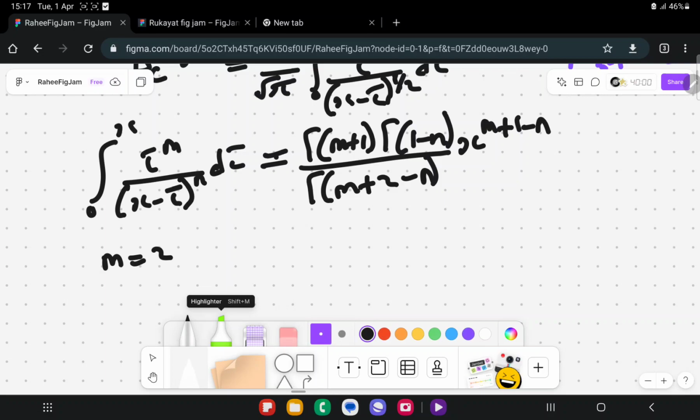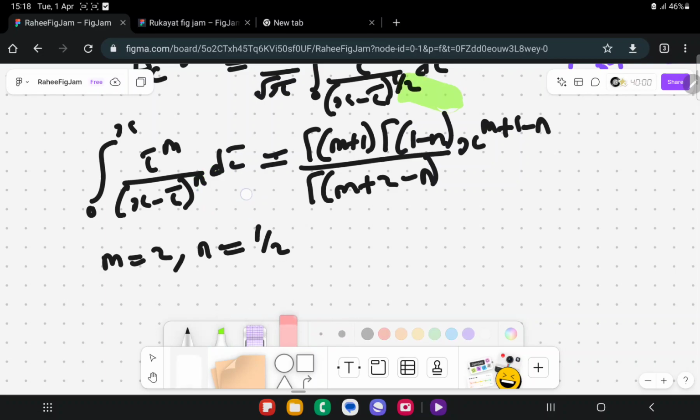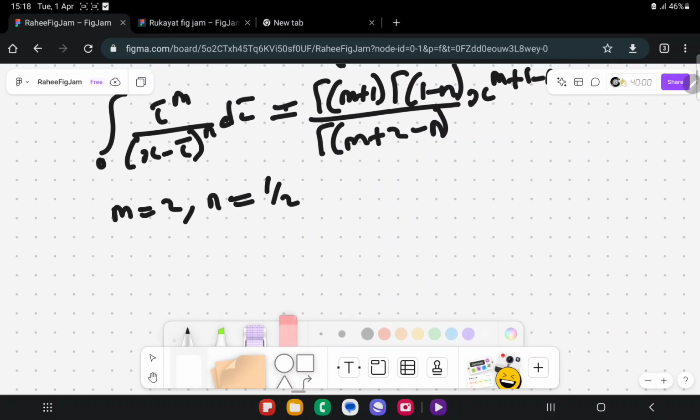Our m is equal to 2. Our n in this case is 1 all over 2, which corresponds to the power of x minus tau here. So that is how we got the values of m and n.